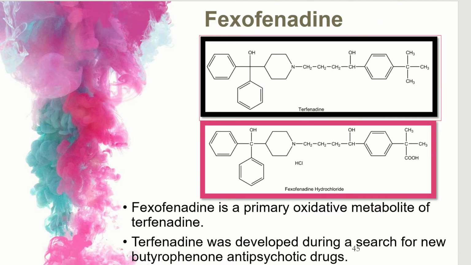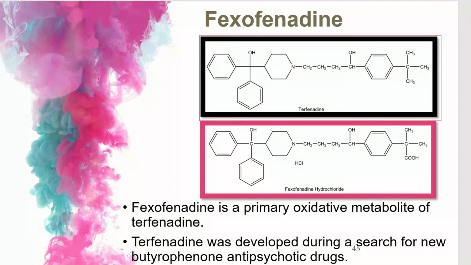So we saw the structure already, so just to reinforce here that fexofenadine is a primary oxidative metabolite of terfenadine. Terfenadine was developed during a search for a new butyrophenone antipsychotic drug.